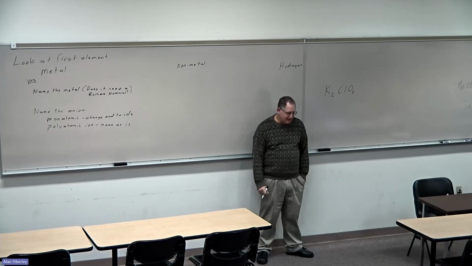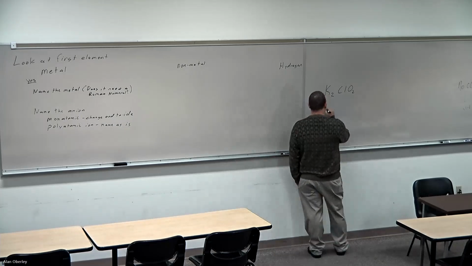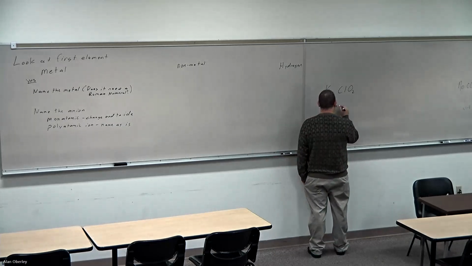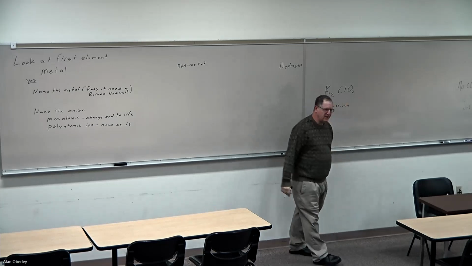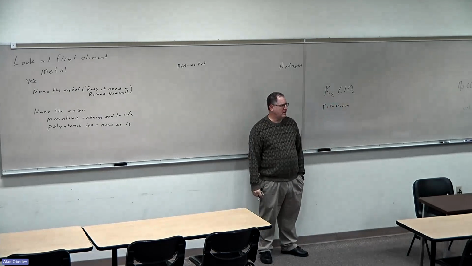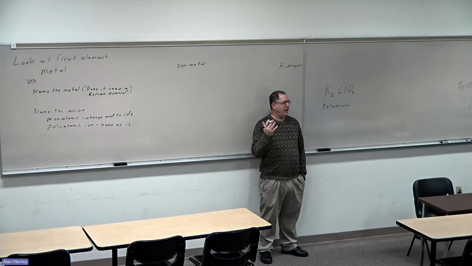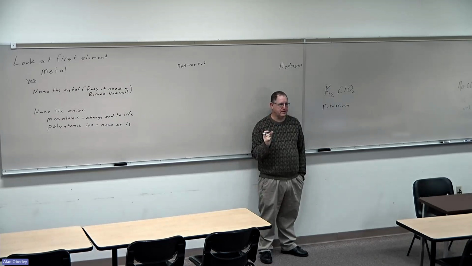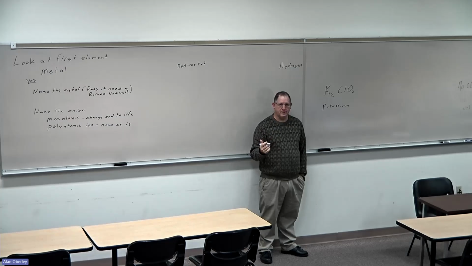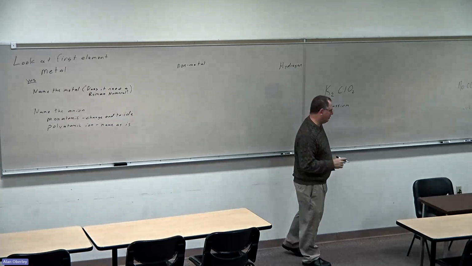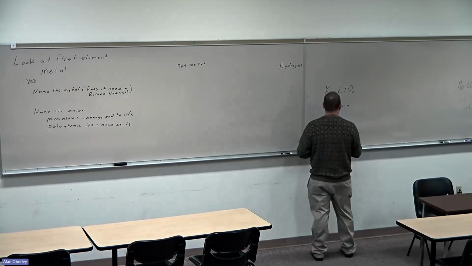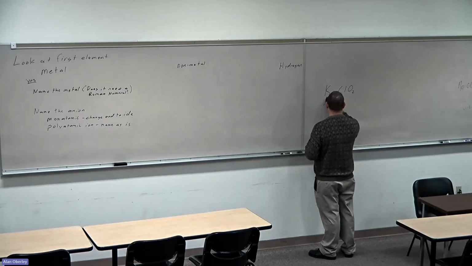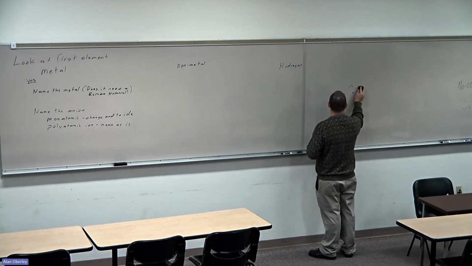We would name it potassium. But ClO2 is not one of the 8 that you were expected to learn, but I know it's one less oxygen than chlorate. So I know it's going to be chlorite. So you might have to figure that out. That's not something I'm necessarily going to simplify for you because there's not really a good way to simplify.